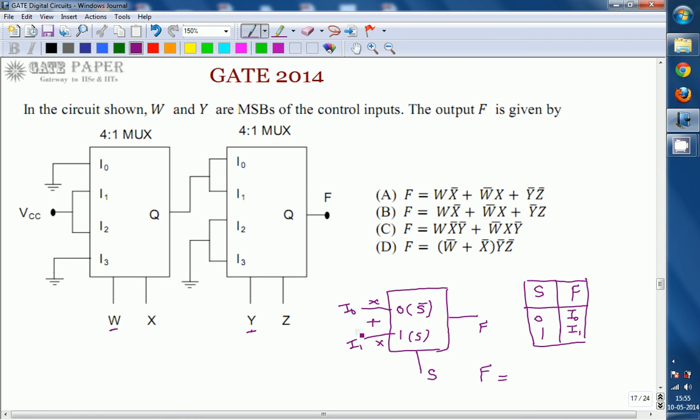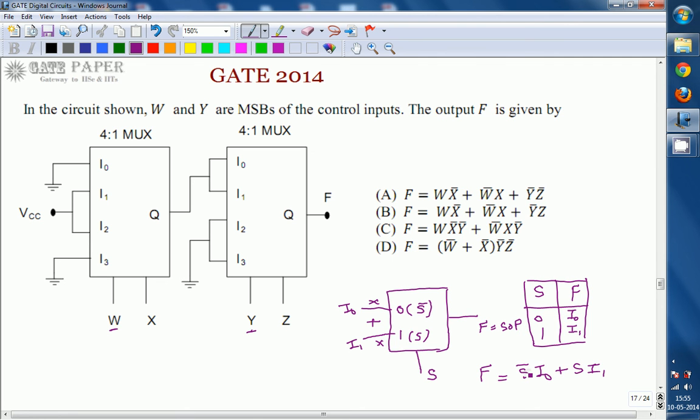This gives an SOP expression: the first product for line 0 is I0 into S bar, so F is S bar I0 plus S times I1. From this expression also you get the same functionality of a 2 to 1 multiplexer.